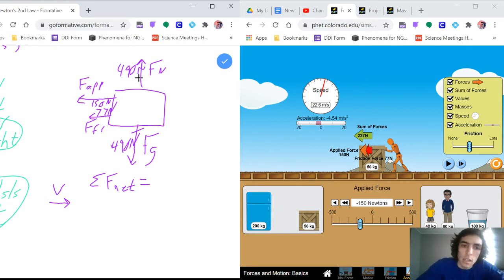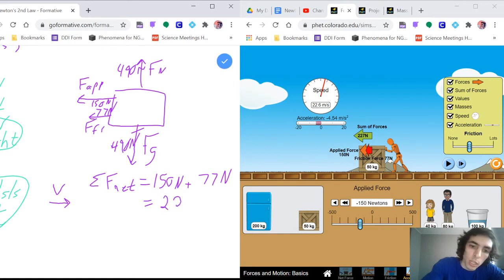Now, since these two forces are going the same direction, they work together. They're additive, and so we're going to do 150 newtons plus 77 newtons. And that's how they got that number, 227 newtons, for their net force.